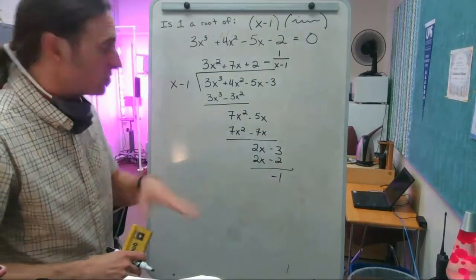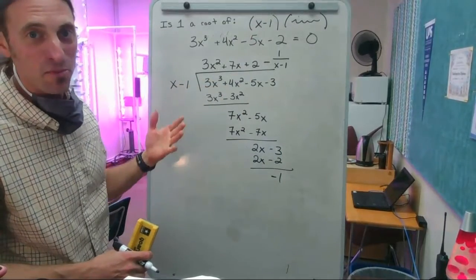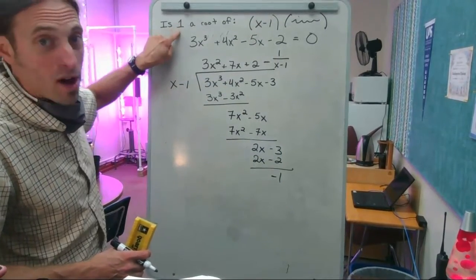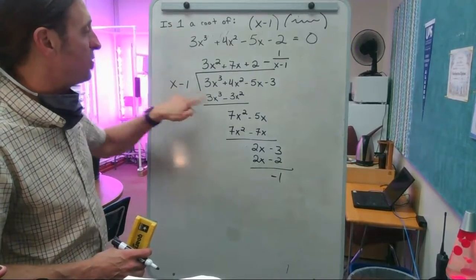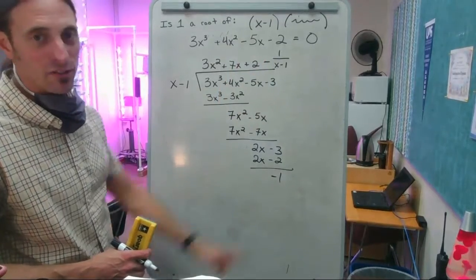And long story short, if you multiplied this by this, you would get that polynomial. But that also tells you that 1 is not a root. If you plugged 1 into this original equation, you would have a negative 1 left over.